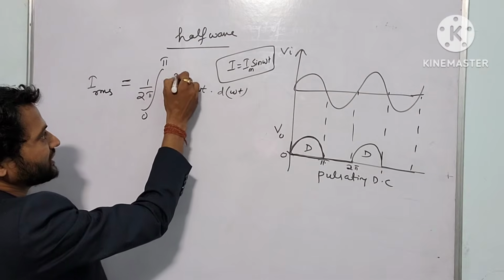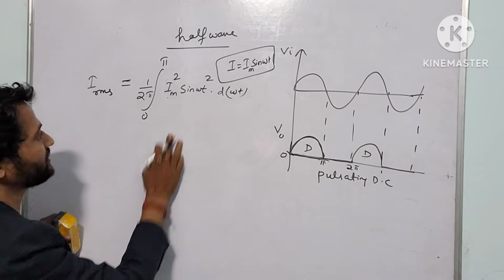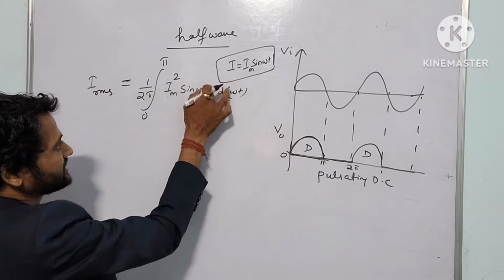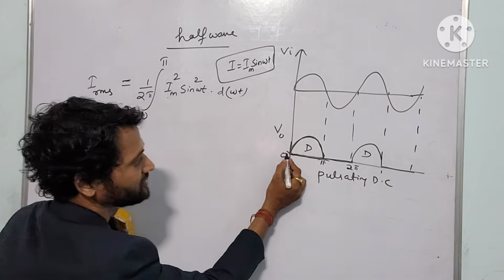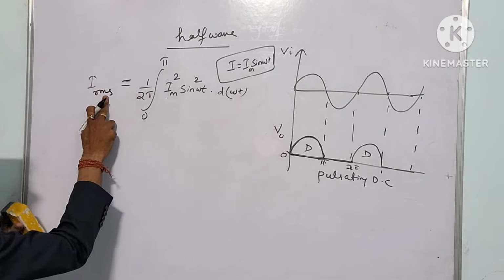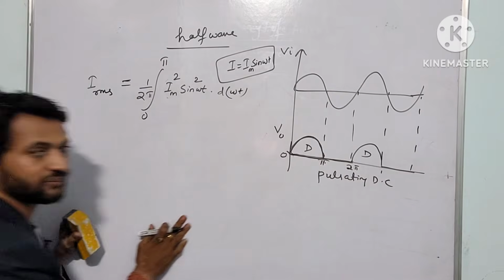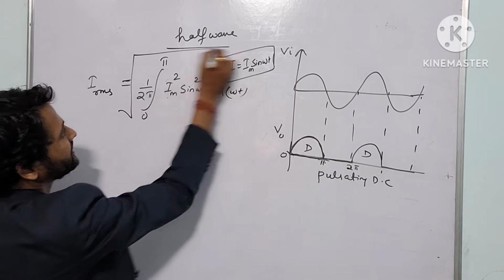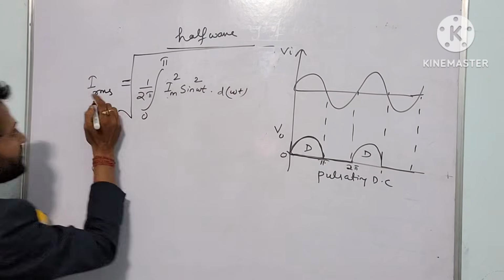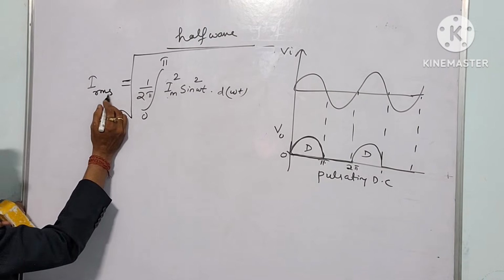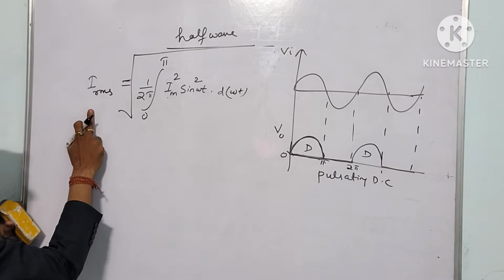So same thing, we'll take the square of that function, Im square sin square omega t, and we'll integrate this function from 0 to pi to get the mean. To get the mean, we have to divide by what? 2 pi, I have told. Then we'll take the root, right? So what is the meaning of root mean square? First you take the square of the individual term, then you take the mean, then you take the root.